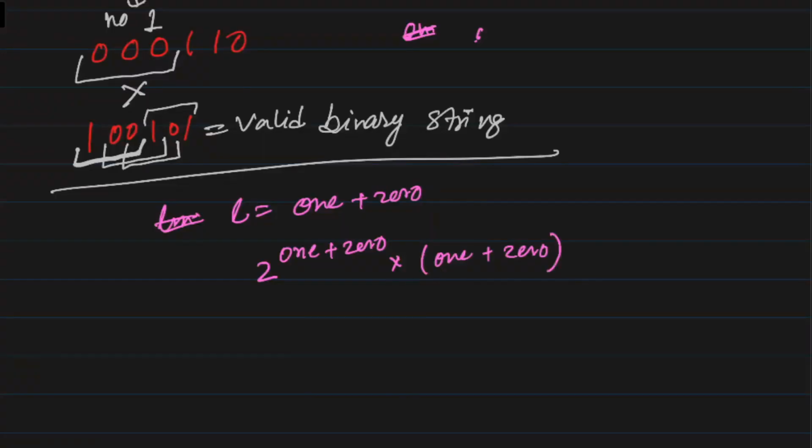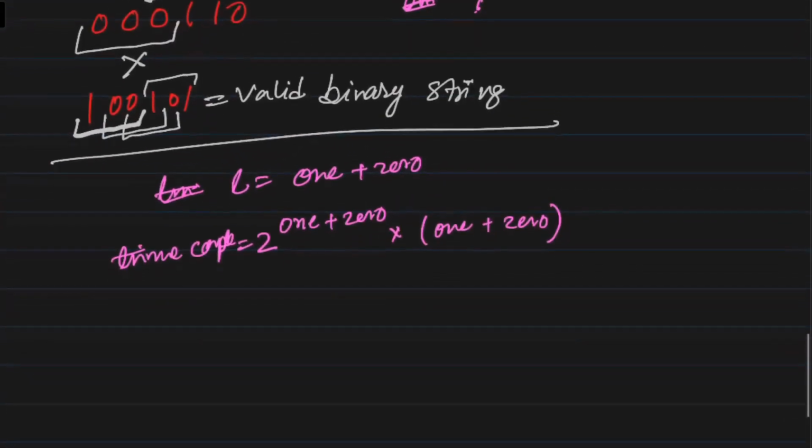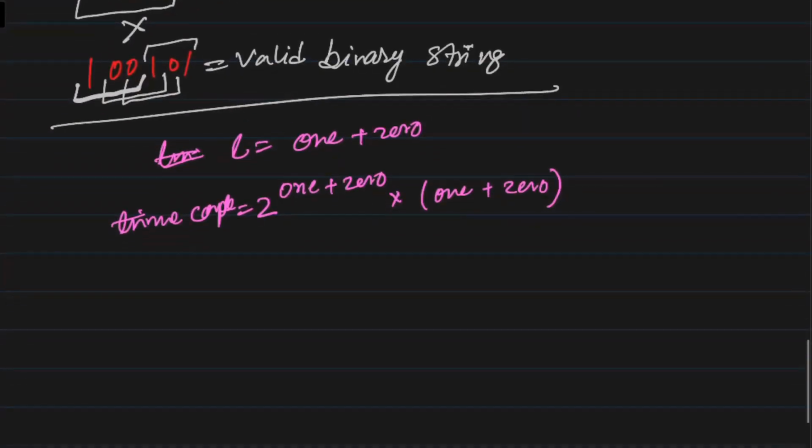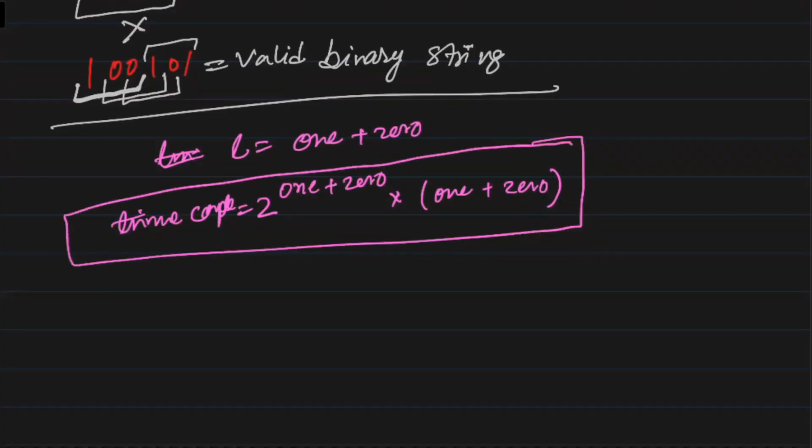So this is going to be my time complexity, and space complexity is the height of the recursion tree, right? So here, if you see, this is too much. If you're going to implement this solution, it is going to give you TLE.